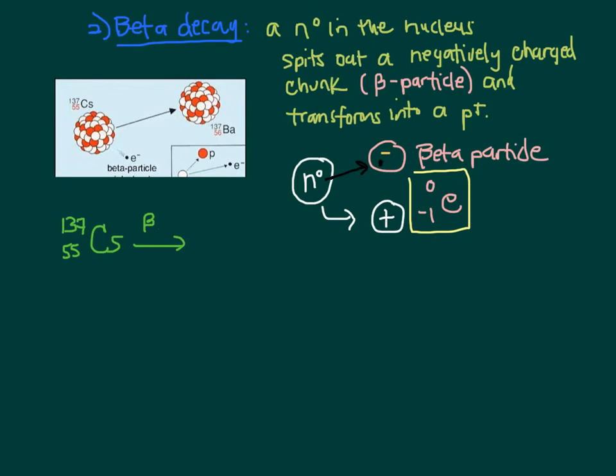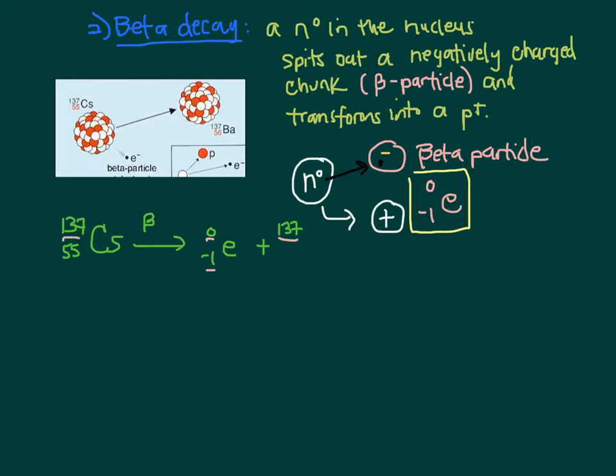A beta particle is an electron, and its little symbol indicates that it has 0 mass and a -1 charge. So we know that the mass of what's left over isn't going to change, right? So 137 plus 0 will equal 137.